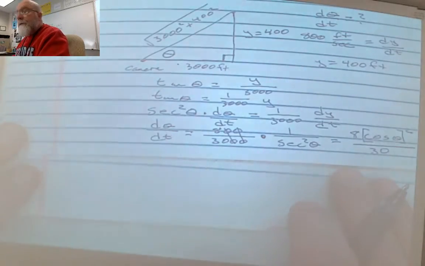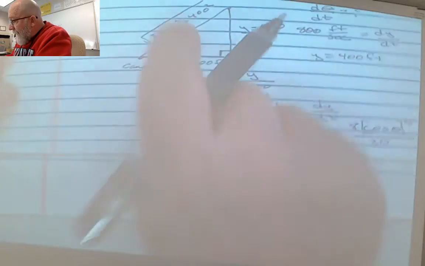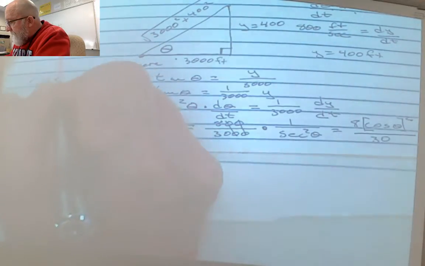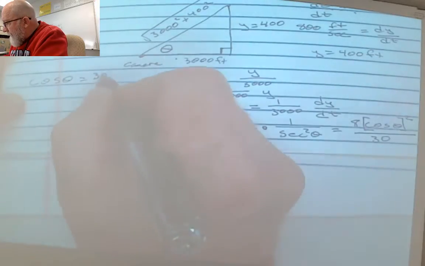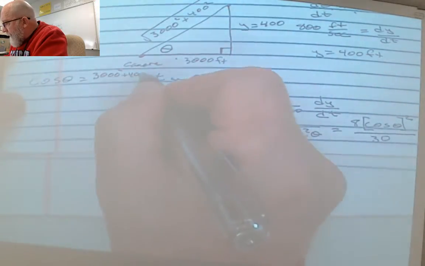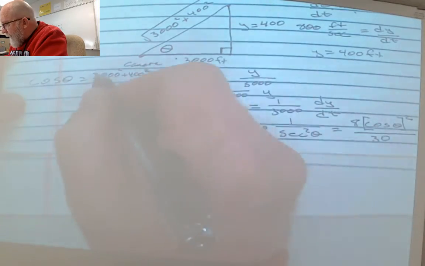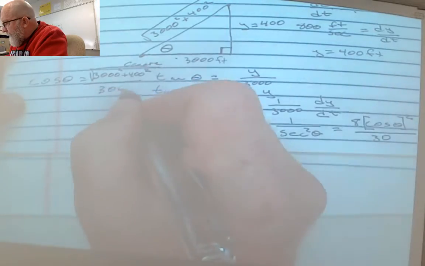Cosine is adjacent over hypotenuse, right? So the cosine of theta is going to be the square root of 3,000 squared plus 400 squared, divided by 3,000.